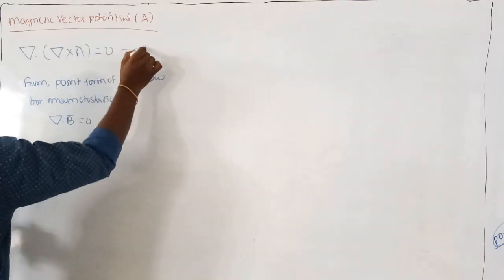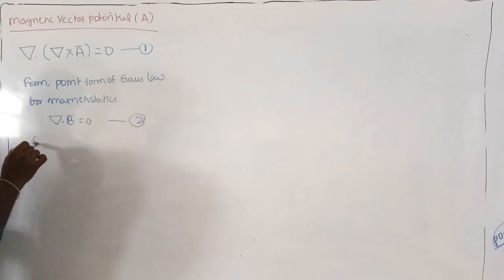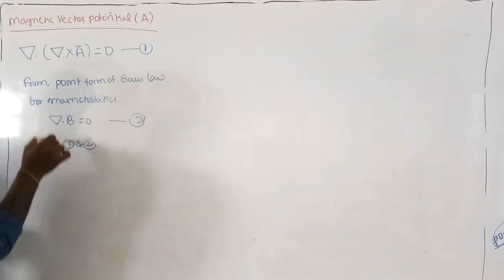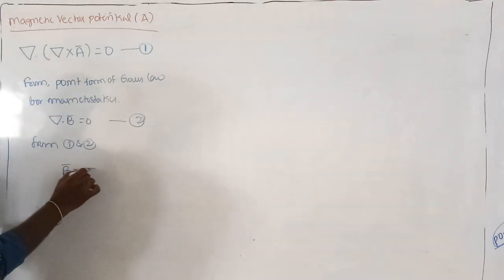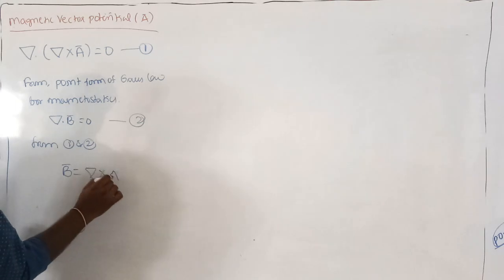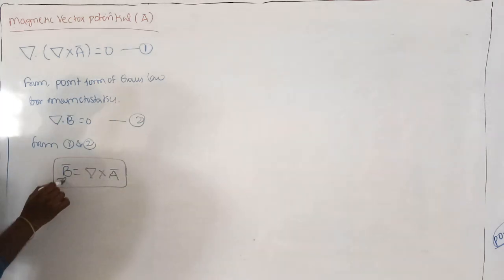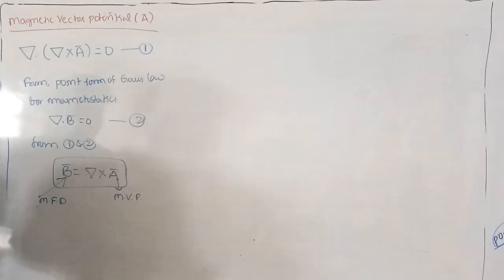If you consider this as equation 1 and the other as equation 2, then from 1 and 2, B bar is equal to del cross A bar. So this is a relation between the magnetic flux density and the magnetic vector potential.